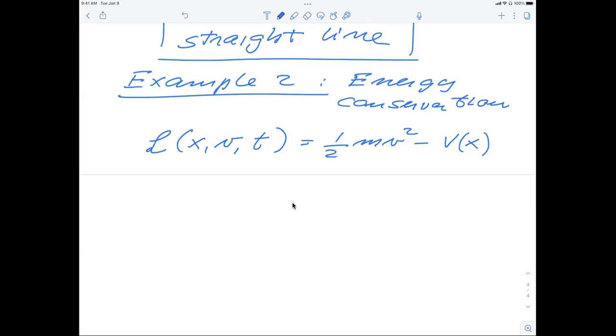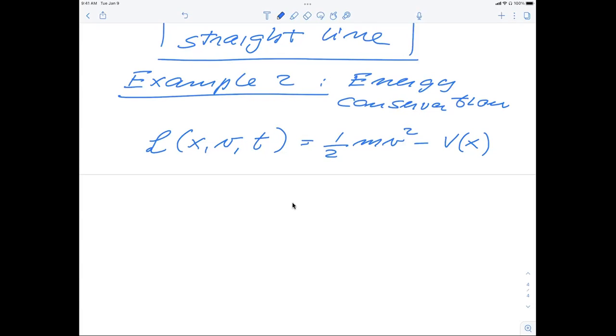We can have potentials which depend on velocity and on time as well. When I irradiate a quantum mechanical system with a laser pulse, that is something which is time dependent, and that would introduce a time-dependent potential.